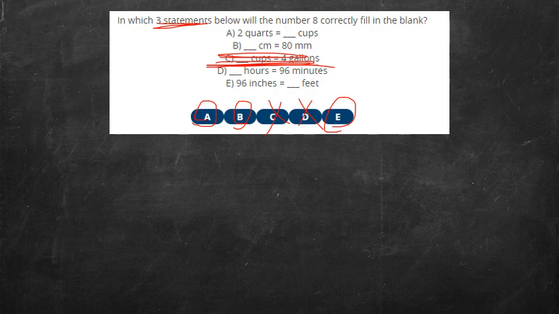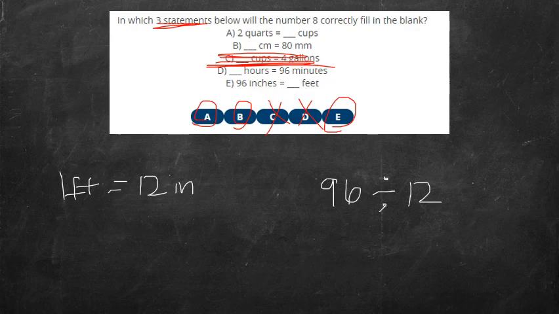Well, I know that 1 foot equals 12 inches. And I have 96 inches. So I can divide 96 by 12, and that would definitely give me 8, because 8 times 12 is 96. Okay? All right, good deal.